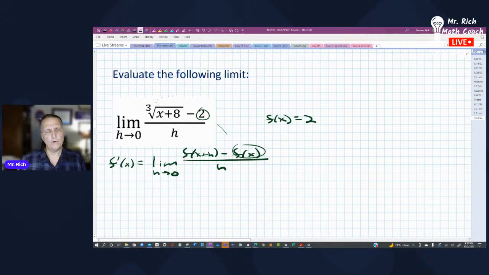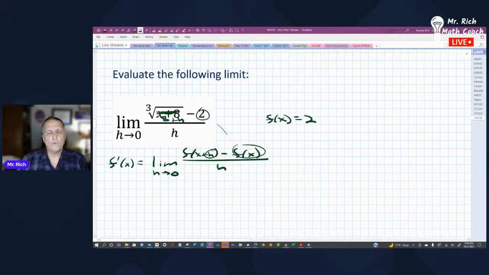Now, what we also see here is that it looks like there is a value right here of 8. And actually, we want this to be x plus h. And I believe this is incorrect, that this should be 8 plus h is how that is supposed to be. I think that is a mistake there in the problem.